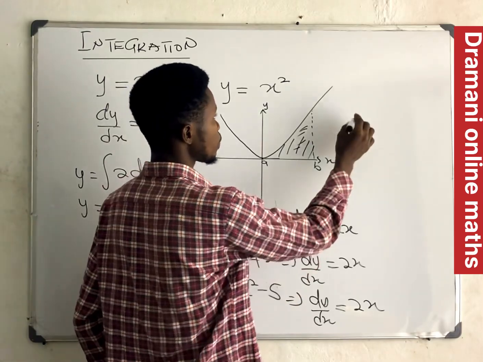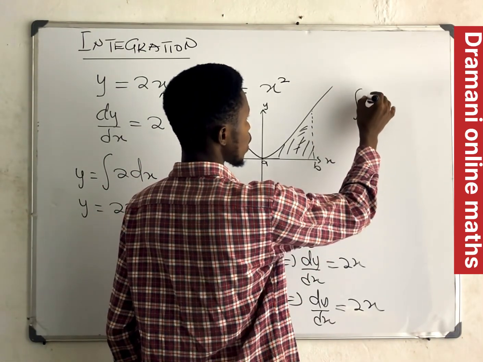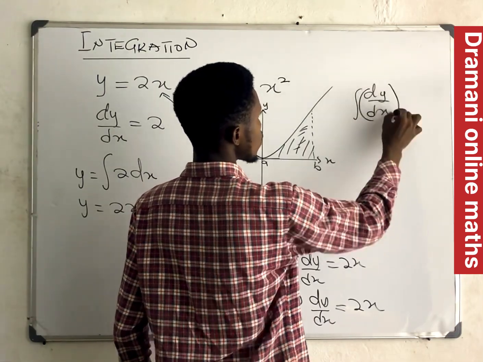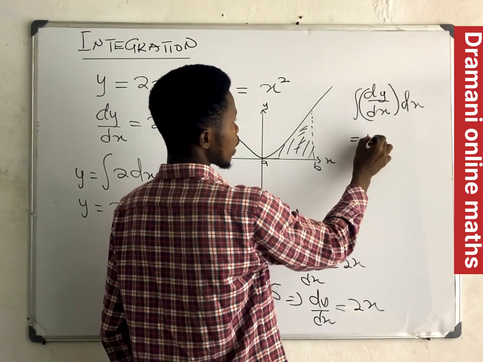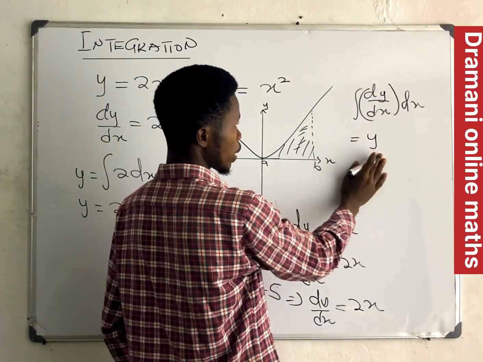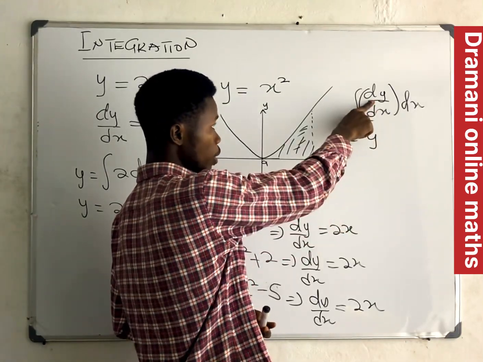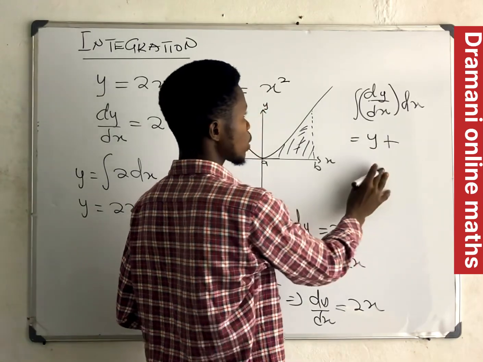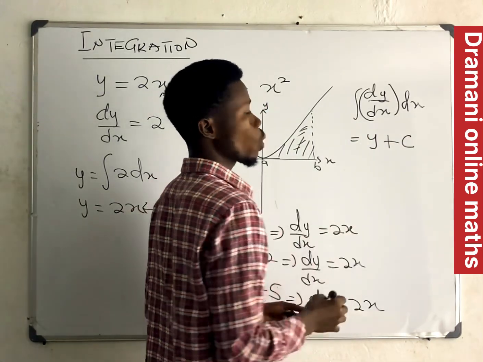If I have the integral of dy/dx with respect to x, and I integrate this, I'll get y. Remember, if I differentiate y I get dy/dx, so if I integrate dy/dx, I get y. Is that okay? Now plus, anytime we integrate like this, we add the constant to it.